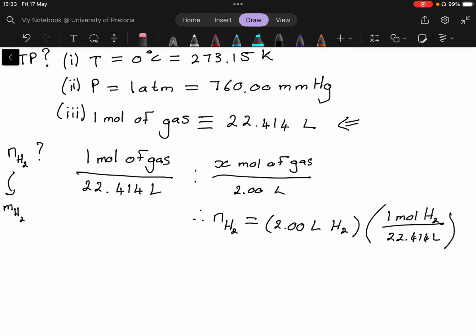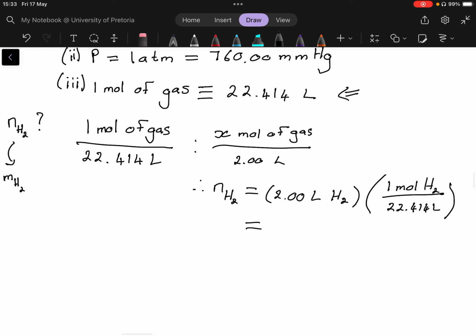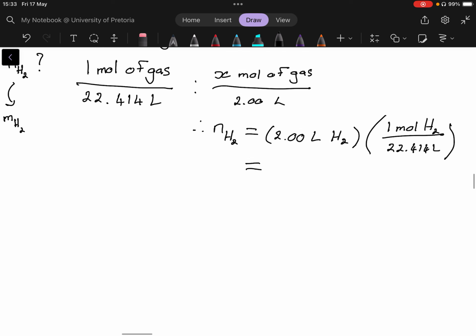You're going to get some value here, like 0.089 or something like that. Not really that important. And then how do we calculate the mass? The mass of hydrogen is equal to the number of mole multiplied by the molar mass. So the number of mole of hydrogen multiplied by the molar mass of hydrogen.